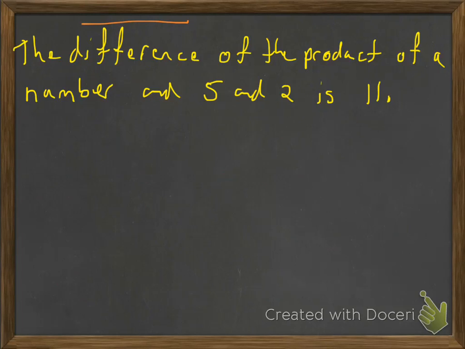So this one's kind of tricky. So the difference of the product of a number and 5, so we're going to have a 5x, and then the difference, we'll subtract 2, is for equals 11. Okay. So the product of 5 and x, and then difference with the 2 equals 11.